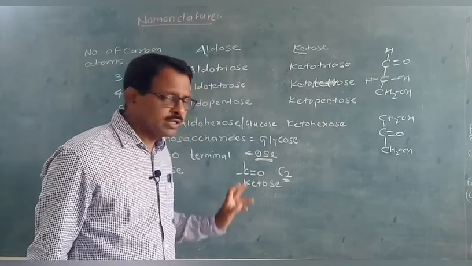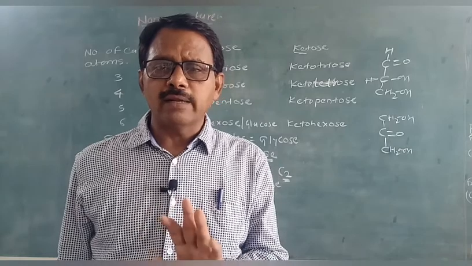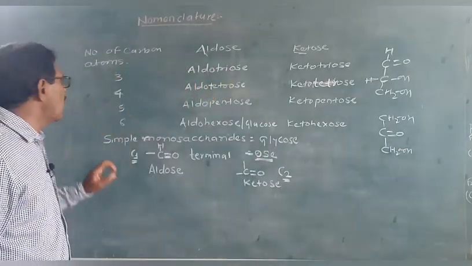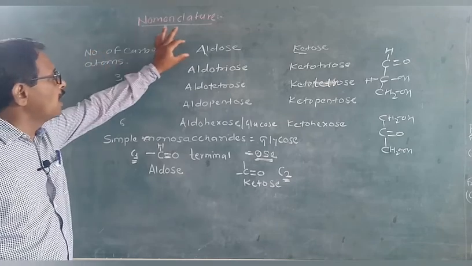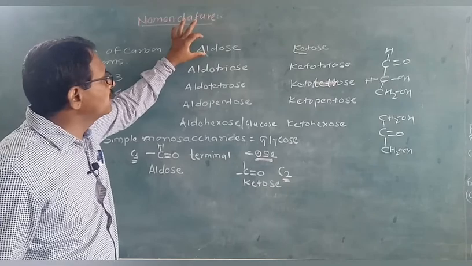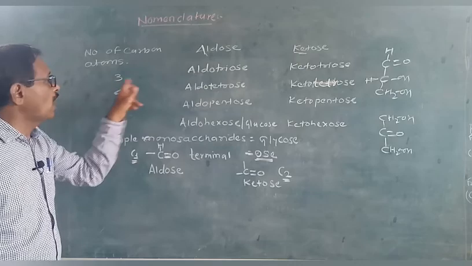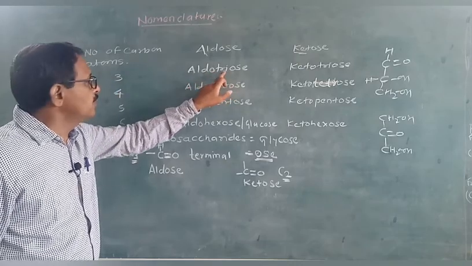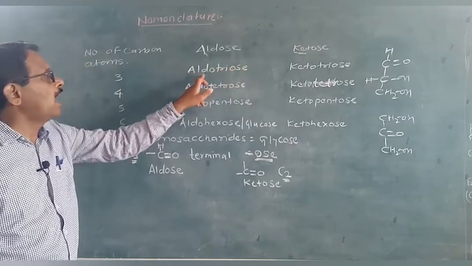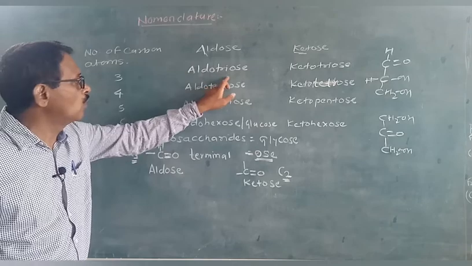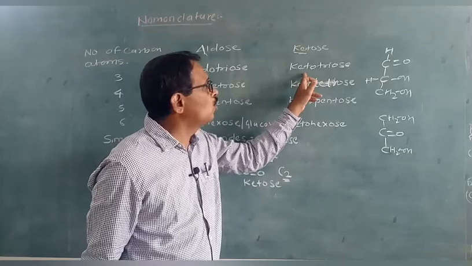And if there are 3 carbon atoms with the aldehyde group, that is an aldose sugar, and the name is aldotriose. Tri indicates the total number of carbon atoms, ending with OSE, and aldo means aldehyde group. If there are 3 carbon atoms and a keto group, that is known as ketotriose.